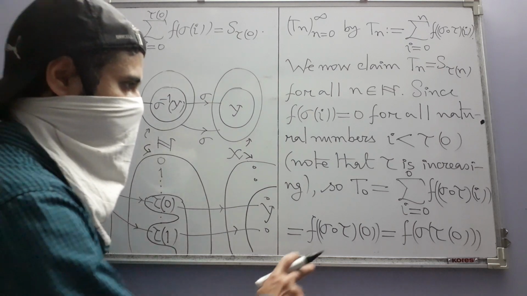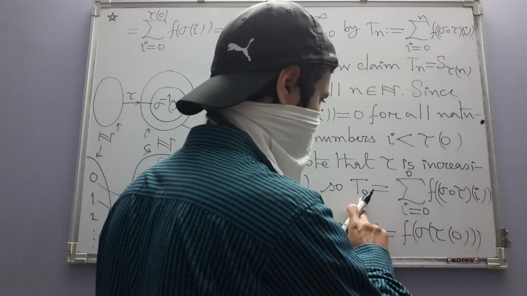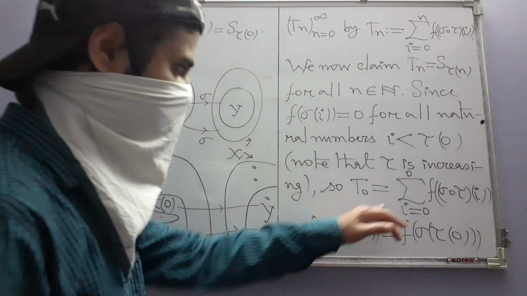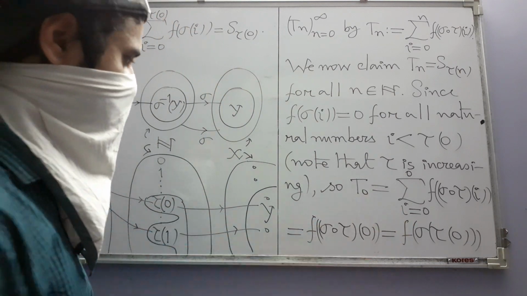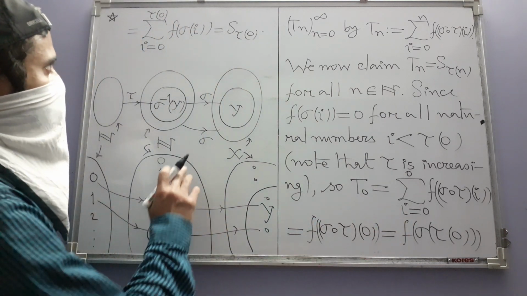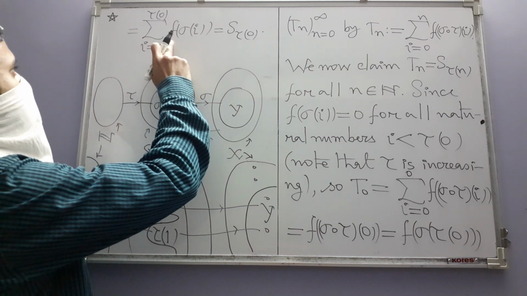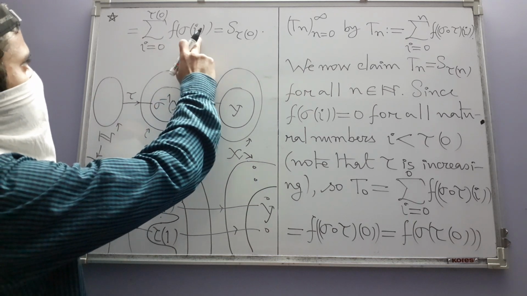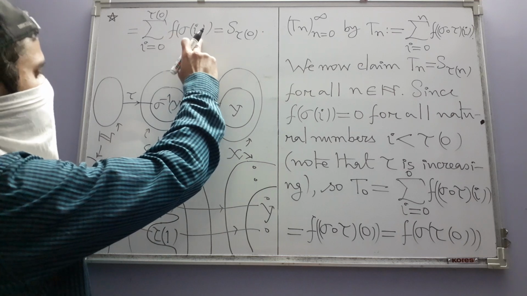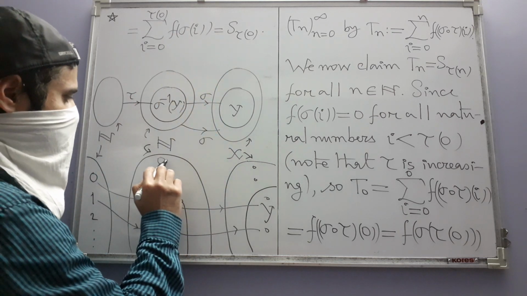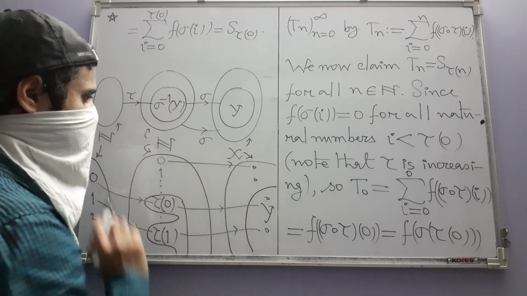So that is why when we calculated t of 0, by definition it is just this. Now when you are considering this sum, in this sum how would things start? f of sigma of 0. Sigma of 0 is this.